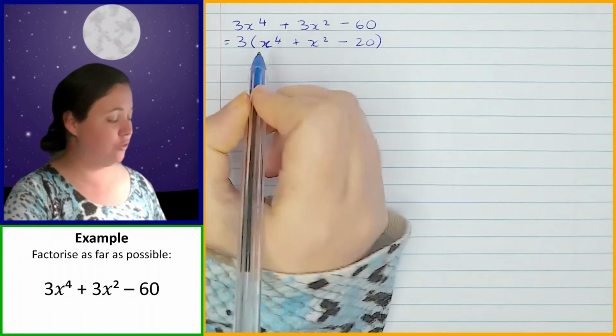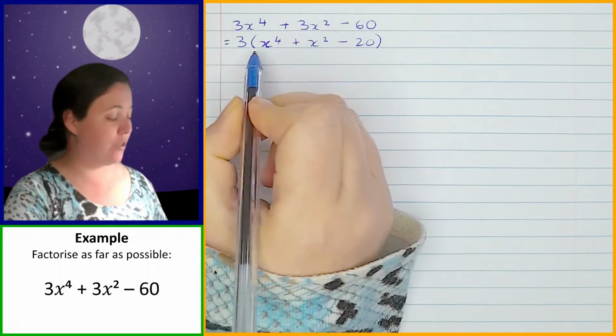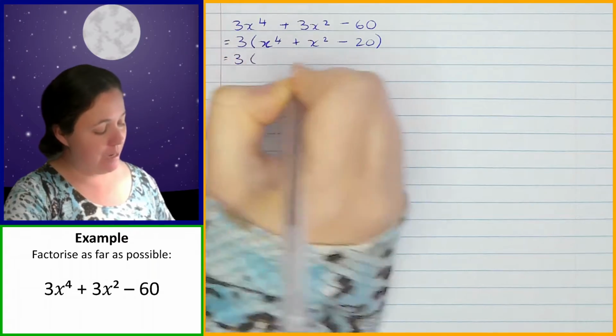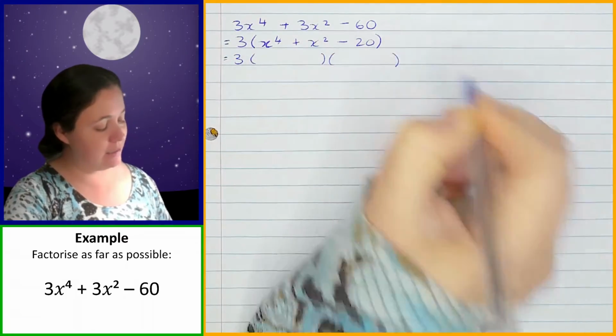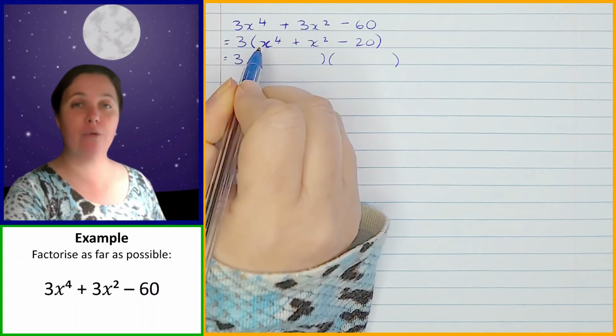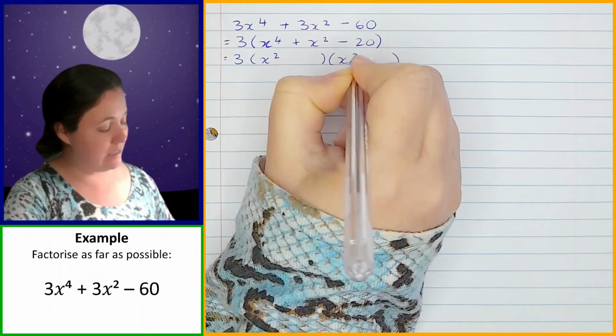The next thing I need to do is look inside the brackets and see what I can do here. This is a trinomial, so I'm going to factorize this by splitting it up into two brackets. The first term in each bracket is going to be the square root of x to the power of 4, so that's x squared and x squared.